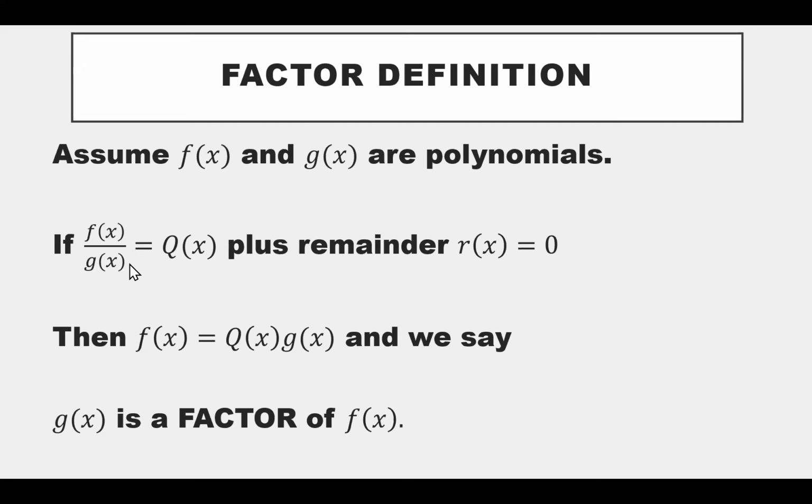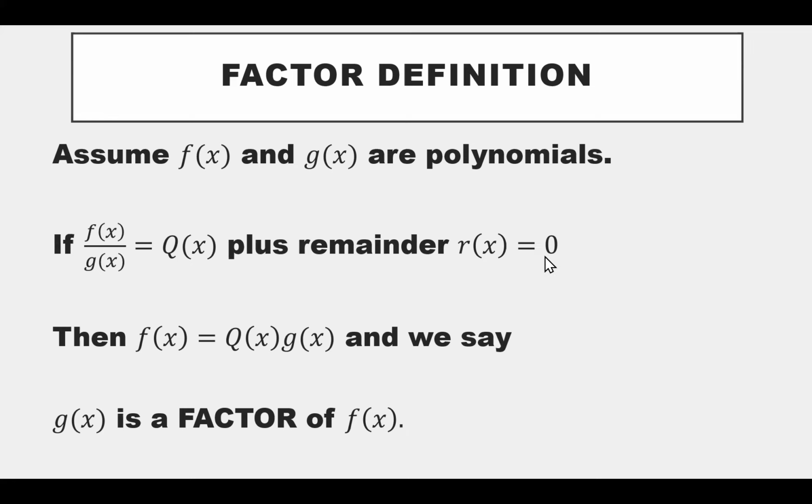If f of x divided by g of x is a quotient with remainder of 0, then I can rewrite f of x as a product of the quotient and the divisor. So f of x will be q of x times g of x. If we have remainder 0, then we can say that g of x is a factor of f of x.